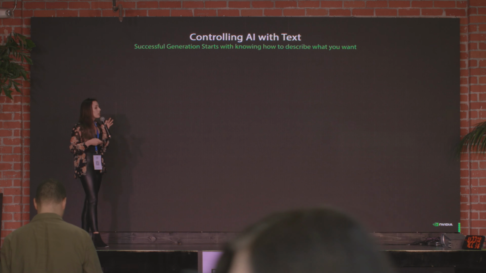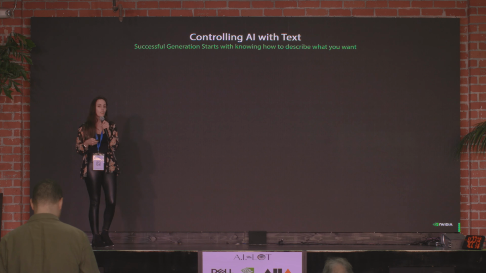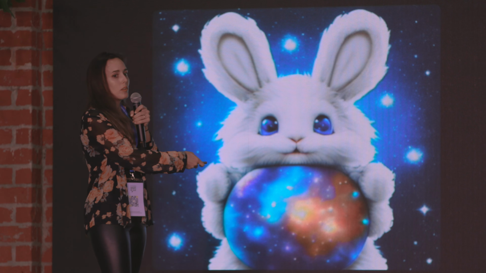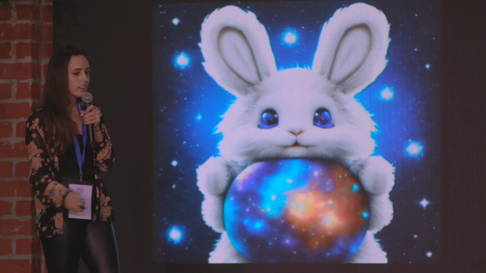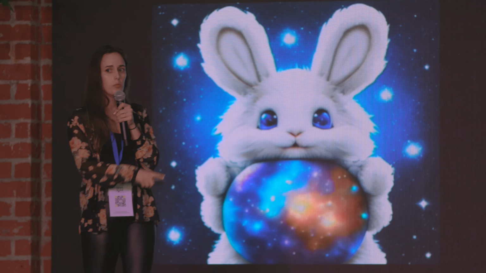And the first place we're gonna start is with text, because there's been a lot of focus on prompt engineering. And a lot of people, again, think that when you say something to the engine, it's gonna know what you want. But the reality is if I went out to each of you and I asked you to make me a fluffy space rabbit, you would all think of a different kind of fluffy space rabbit because I didn't give you enough parameters.